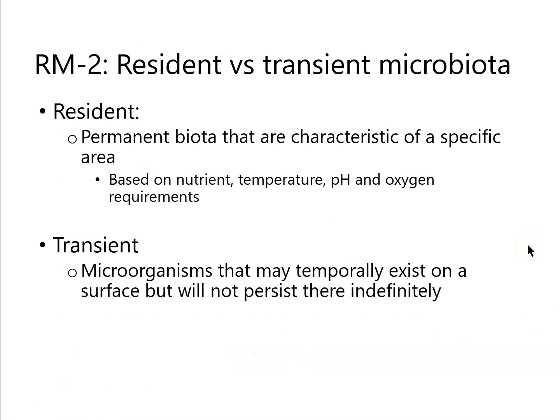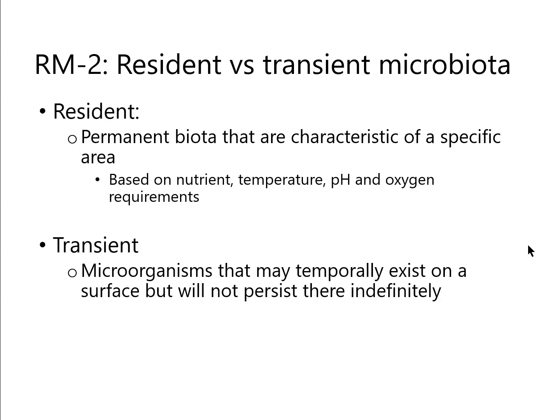One thing we can make a distinction between is resident versus transient microbiota. This comes down to what you are doing when you are washing your hands, for example, or scrubbing your skin. We have a resident microbiota that are essentially permanently attached to our skin. From their point of view, that is permanent. And those are generally the less harmful ones. We also have transient microorganisms that fall on us or that we pick up when we touch something.